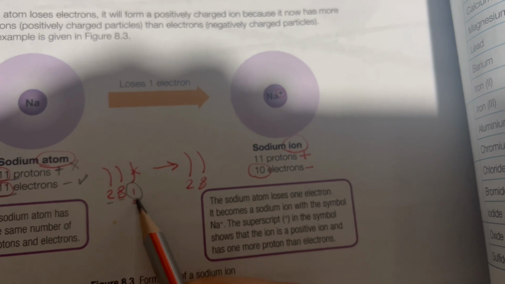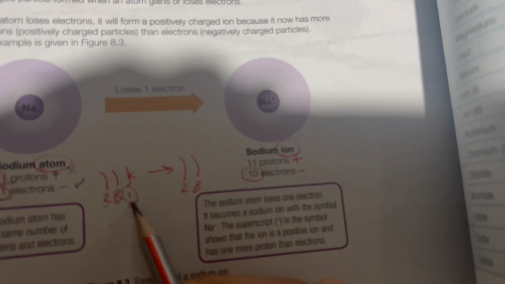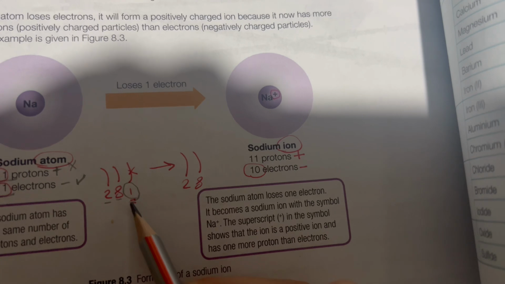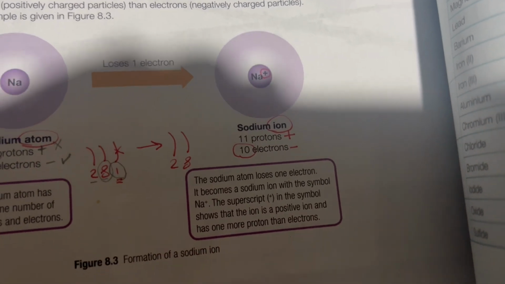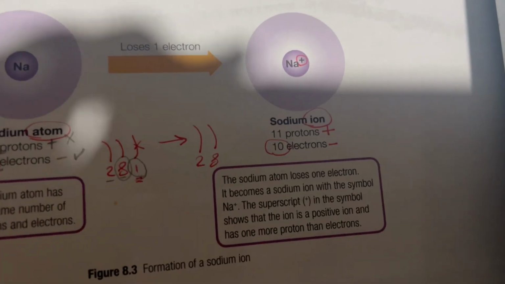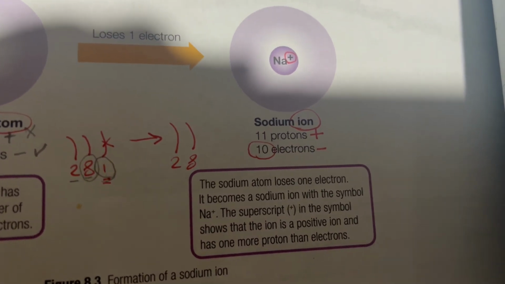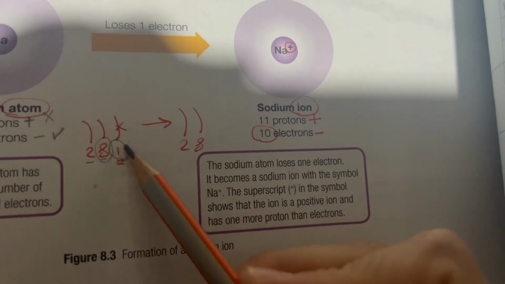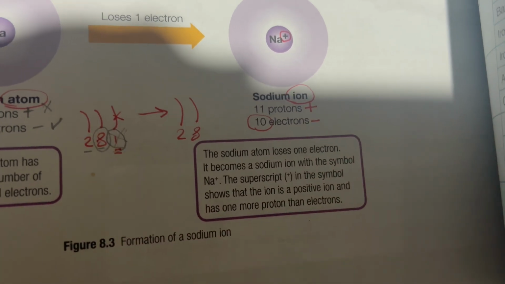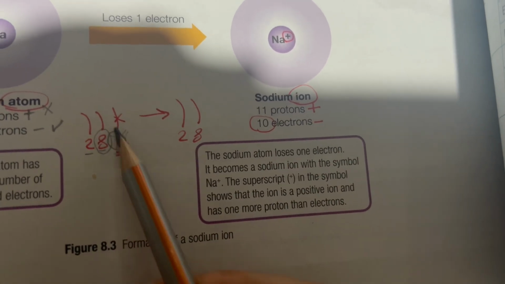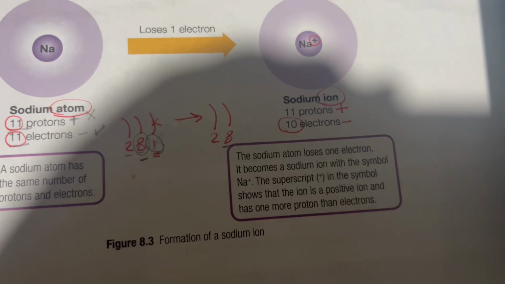It has one electron in its outermost shell, but that makes it unstable. It needs to have 8 on its outermost shell to be stable. So to react, it will lose this one, and this one will be like the outermost shell.